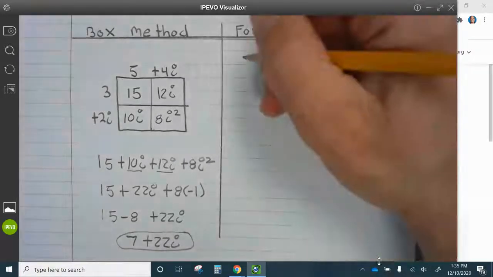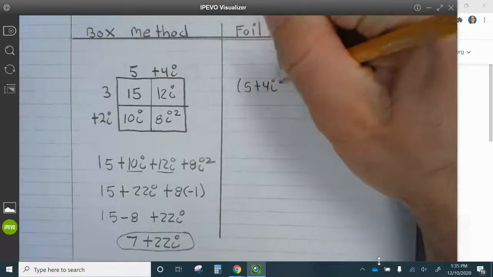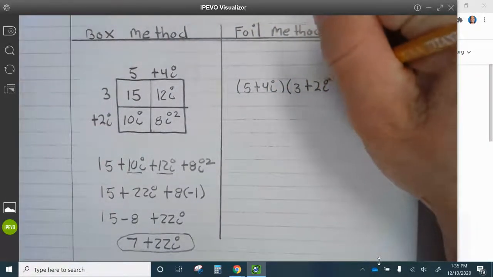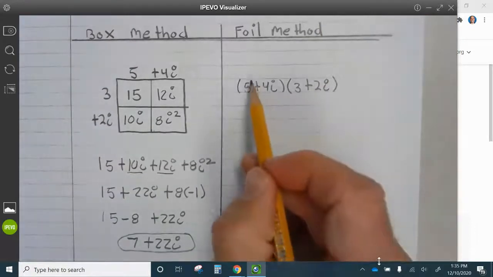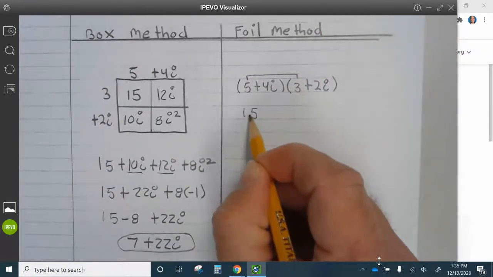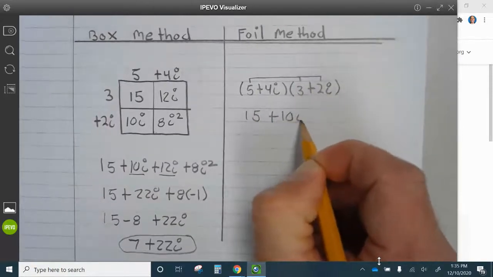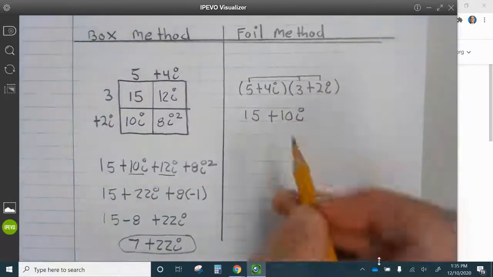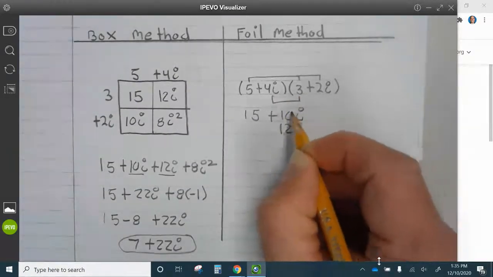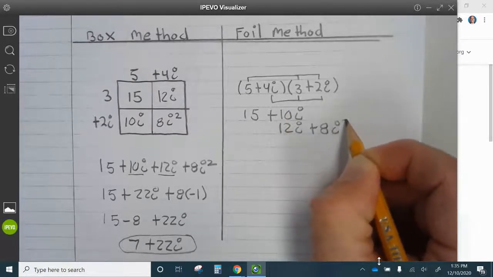Let's do the FOIL method. Okay, so first we're going to do 5 times 3, which is 15. And then we're going to do 5 times 2i, which is plus 10i. Then we're going to do 4i times 3, which is 12i. And then 4i times 2i is plus 8i squared.